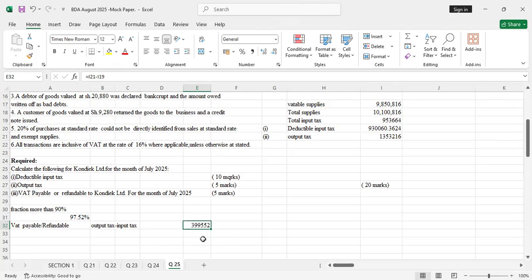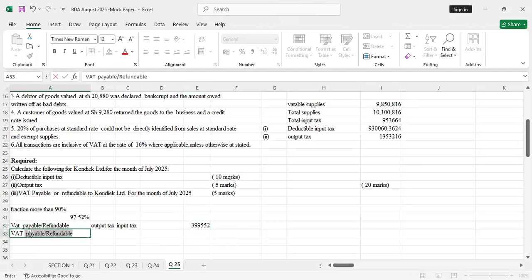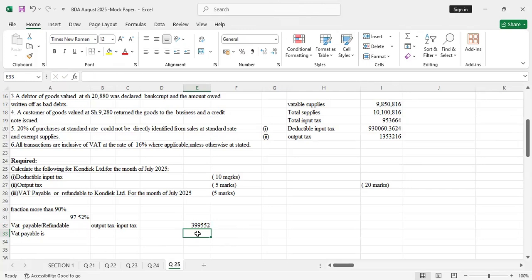If it is positive, then that is VAT payable. If we get a negative value here, then that will be VAT refundable. So therefore, our VAT payable is this value here, because it's positive.